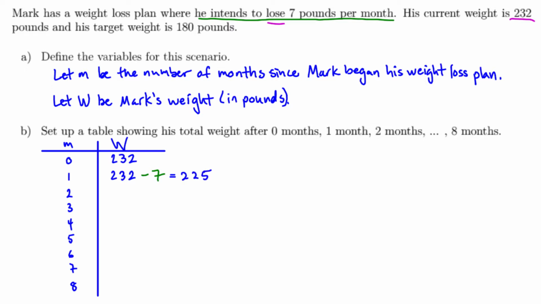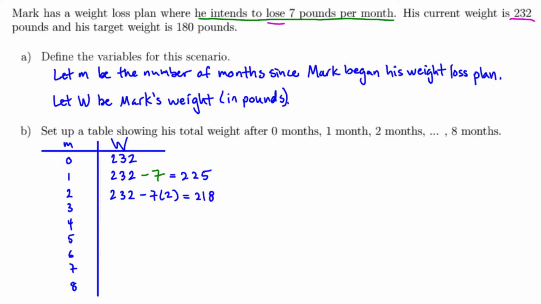Now, when we get to month 2, we're going to subtract 7 again. But another way of thinking about this is that we have 232, and we're going to subtract 7 times 2, because 2 months have passed, and each month he's lost 7 pounds. So 232 minus 7 times 2 is 232 minus 14, and that will give us 218.